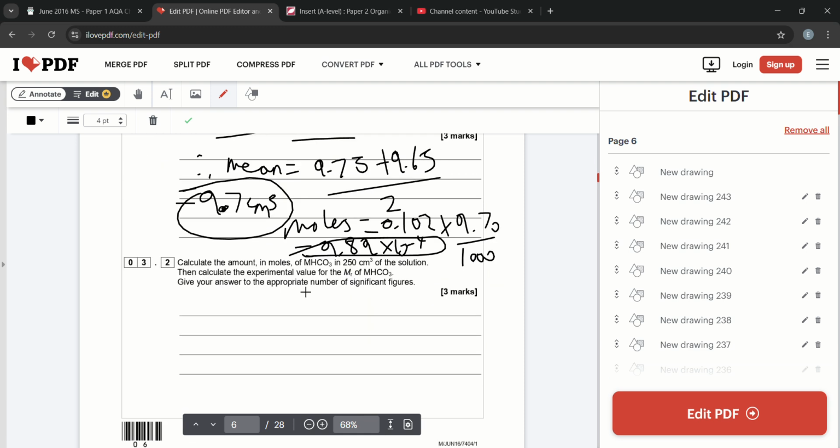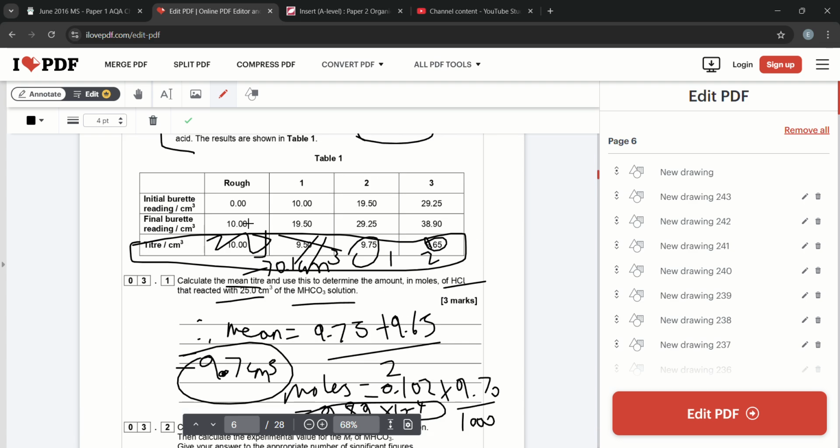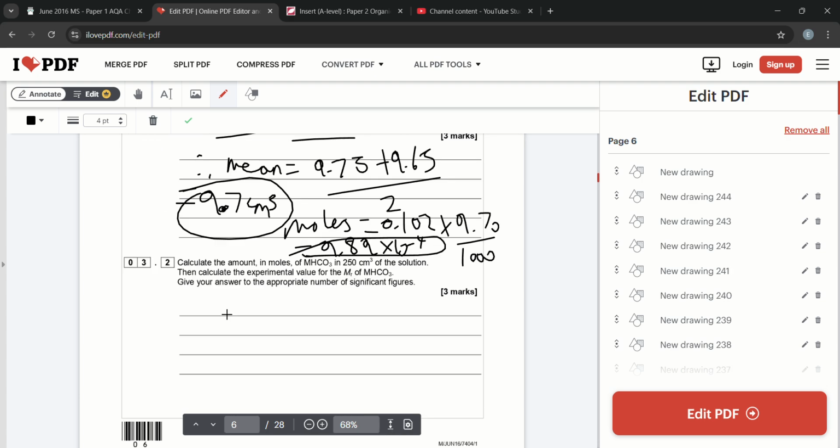Then 3.2, calculate the moles of MHCO3. Well, we know MHCO3 is a 1-to-1 molar ratio from the equation. So the moles of MHCO3 is going to be 9.89 times 10 to the power minus 4, right?